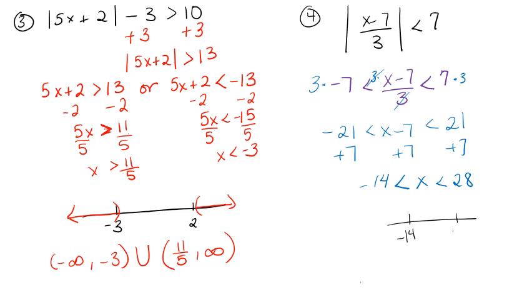Negative 14, 28, all the numbers in between, parentheses because there's no or equal to, and that's it in interval notation. So absolute value less than, double inequality. Absolute value greater than, think greater, and that would be an or.